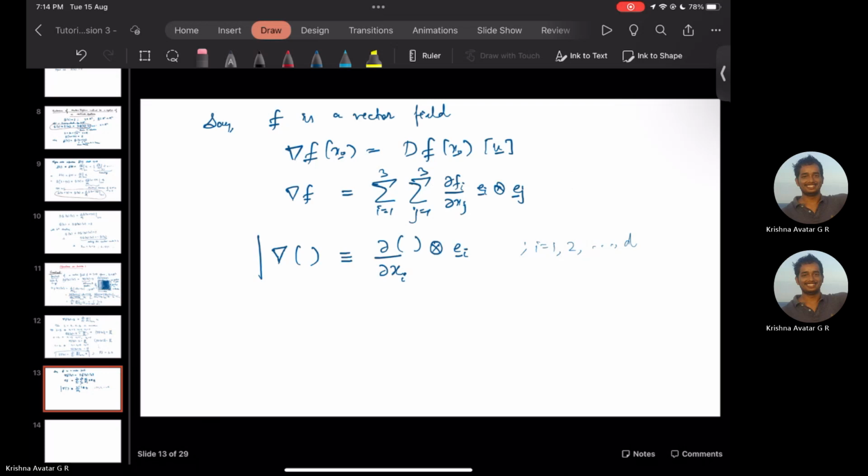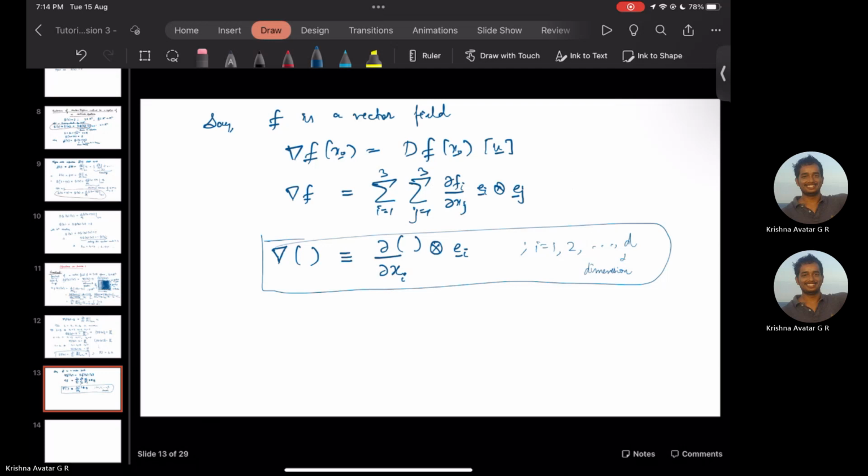Say if the grad operator is in 2D, then you'll have d equal to 2. If it's in 3D, then d is equal to 3. And if it's 1D, then you just have a single operation, right? So this is what I'm talking about. So this is the operational form. So d here indicates the dimension of the grad operator.